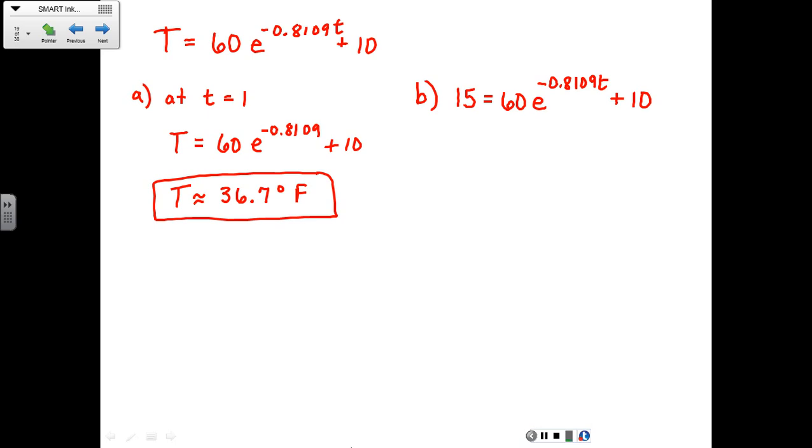How long? How much time? Subtract 10 from both sides, you get 5. Divide by 60, you get 1/12. ln both sides.